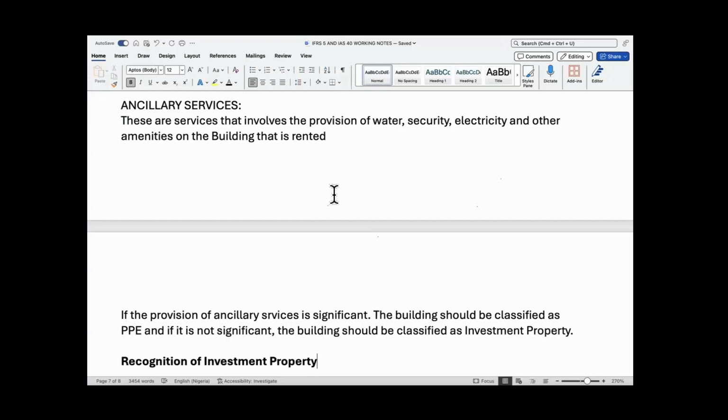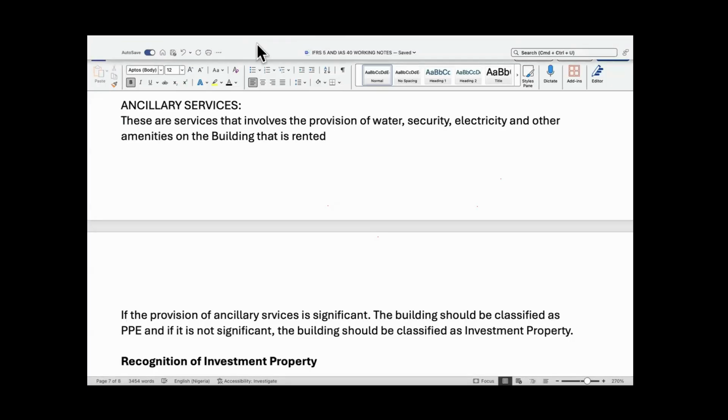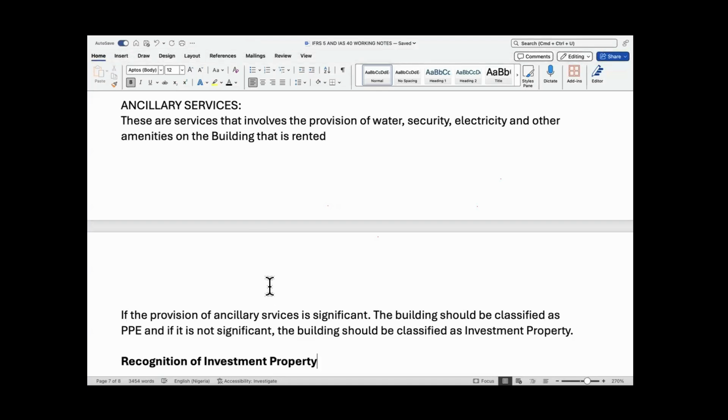If you want to buy lights, it's from them. If you want water, just pay. Your service charge covers everything. You just go in, sleep, and whatever your personal needs are, you take care of. That one is PPE because the owner of that 1004 is running a business. The ancillary service is significant. But if it is not, then fine, it's still investment property. I don't know, did that help?